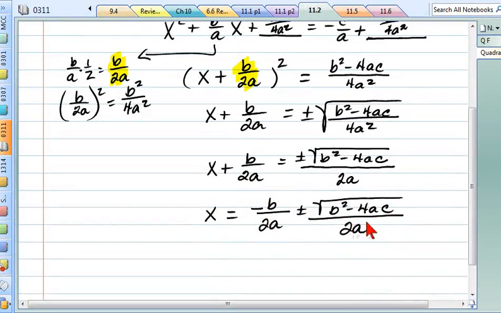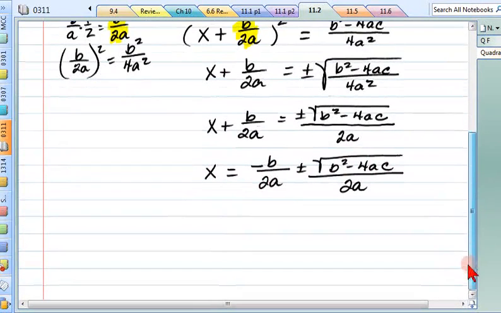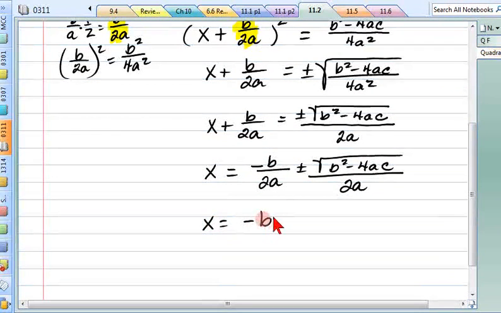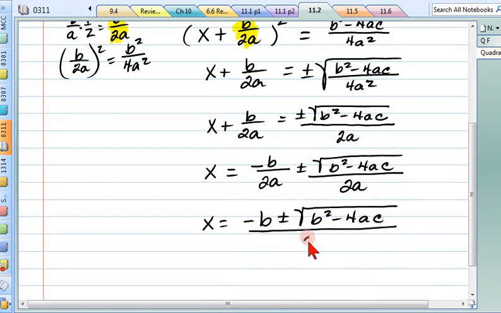It typically happens that you get a common denominator, so I can just write it once. It's negative b plus or minus the square root of b squared minus 4ac all over 2a. And that is the quadratic formula.